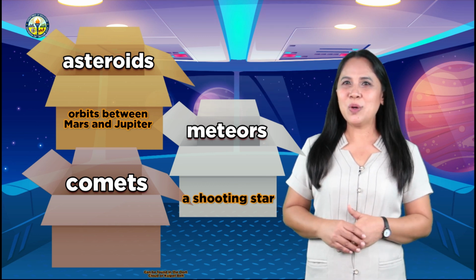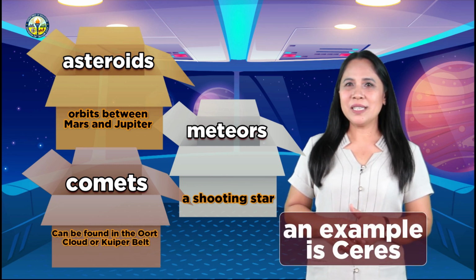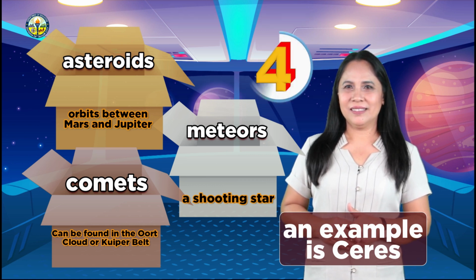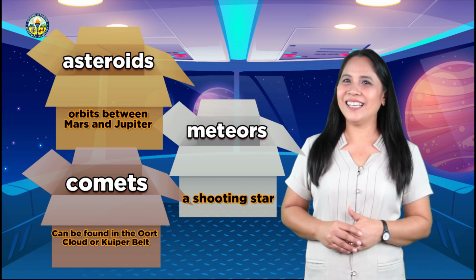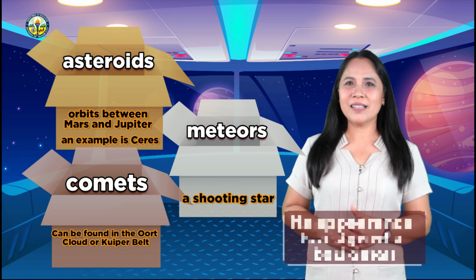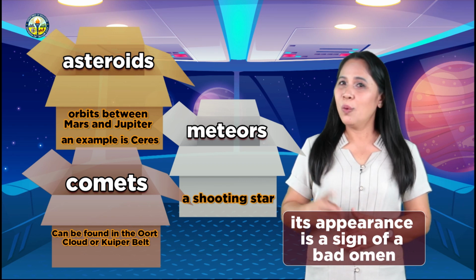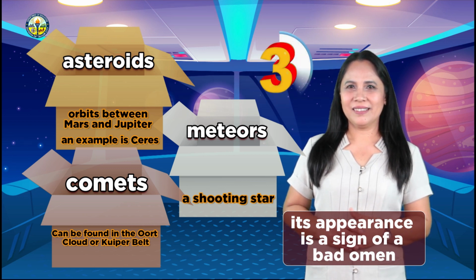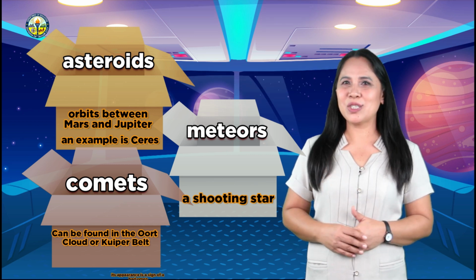Great! It belongs to comets. Fourth characteristic. An example is Ceres. Where do you think it belongs? Excellent! It belongs to asteroids. Last characteristic. Its appearance is a sign of bad omen. Where do you think it belongs? Perfect! It belongs to comets.